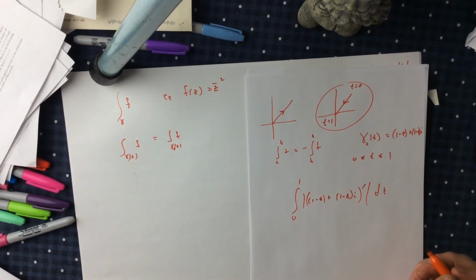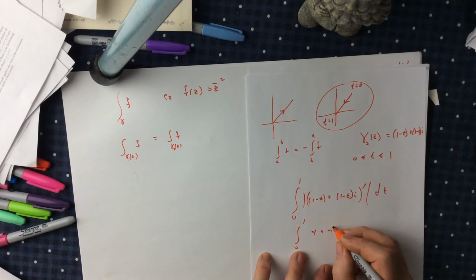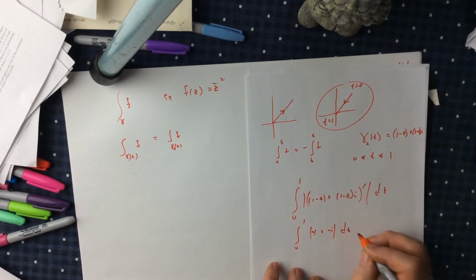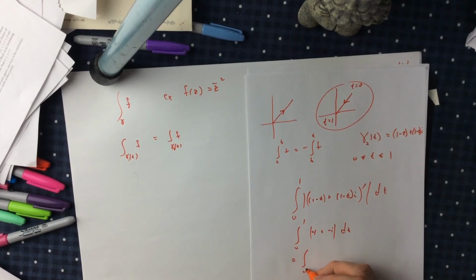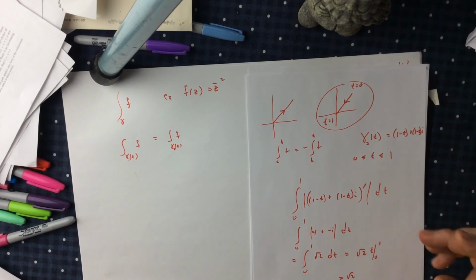The derivative of this will be minus 1 plus minus i, modulus dt, which will be, again, the square root of 2 dt, and we'll get the same value. So the length is not affected by the direction of the path.